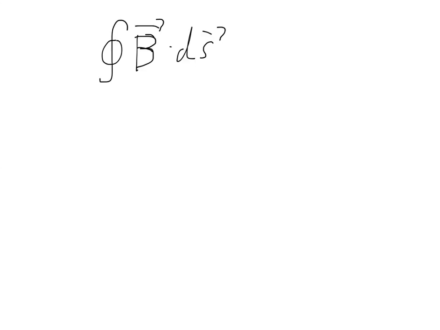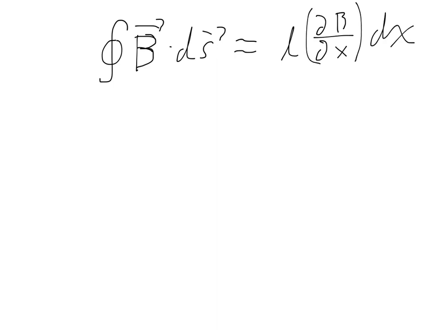So if again we rewrite this aspect of the Ampere-Maxwell law in the same sort of way we did before, as somehow relating to the length that we have, in this case in the z direction, and how the B field changes with distance x, dx. And there should also be a minus sign from the derivation, but like I say, I'm not going into the details for why that is.